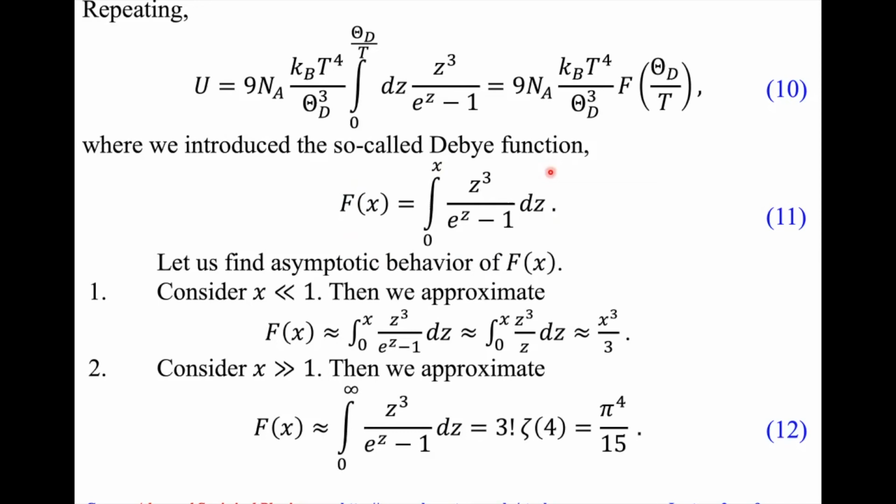Not the gamma function, not the beta function, not the zeta function. It is an independent transcendental function, and it is called the Debye function, named after Peter Debye, whose life history we'll shortly mention at the end of this lecture.